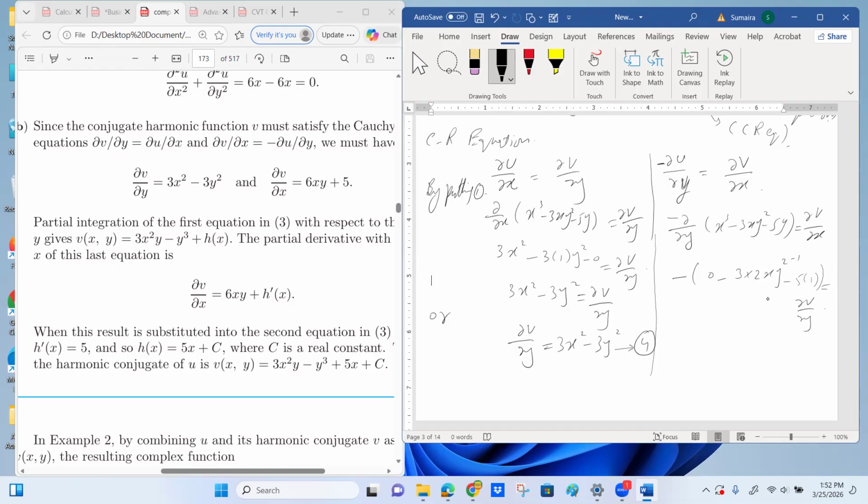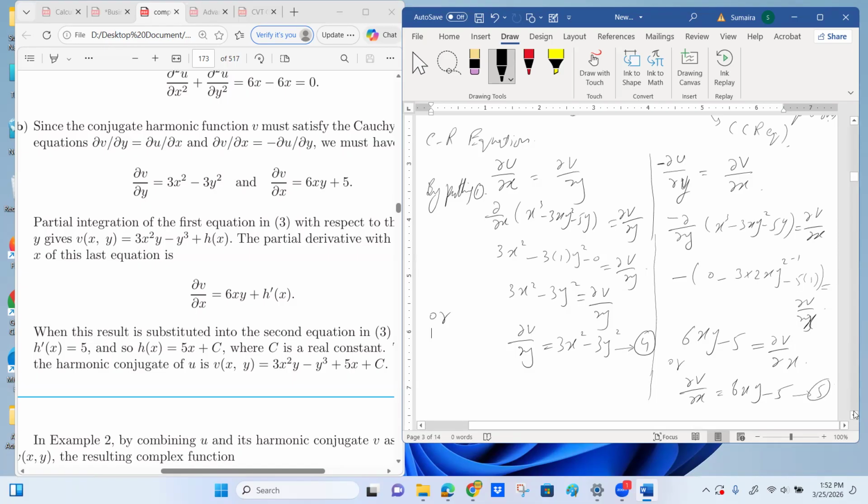Minus multiplied by minus gives plus 3, plus 6xy minus 5, is equal to partial v by partial x. So partial v by partial x is equal to 6xy minus 5. This is your equation number 5. This is the partial v by partial y and this is the partial v by partial x.